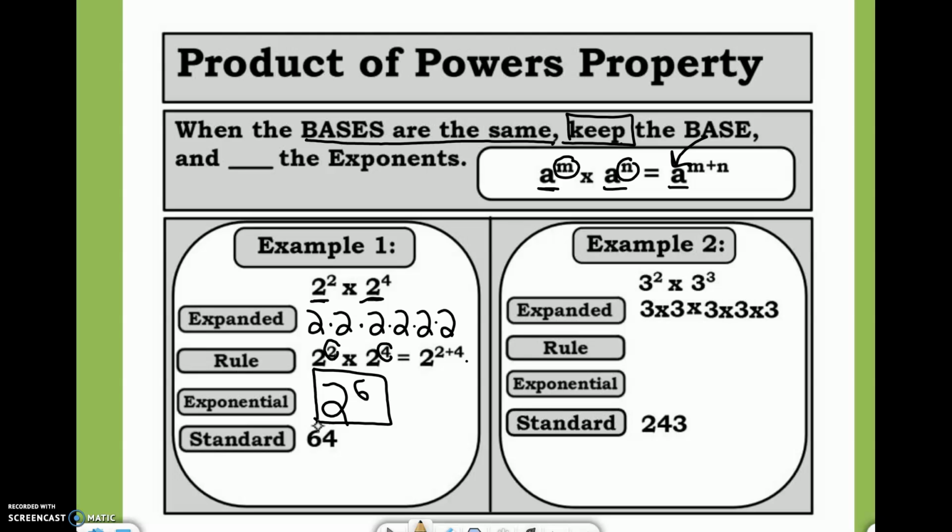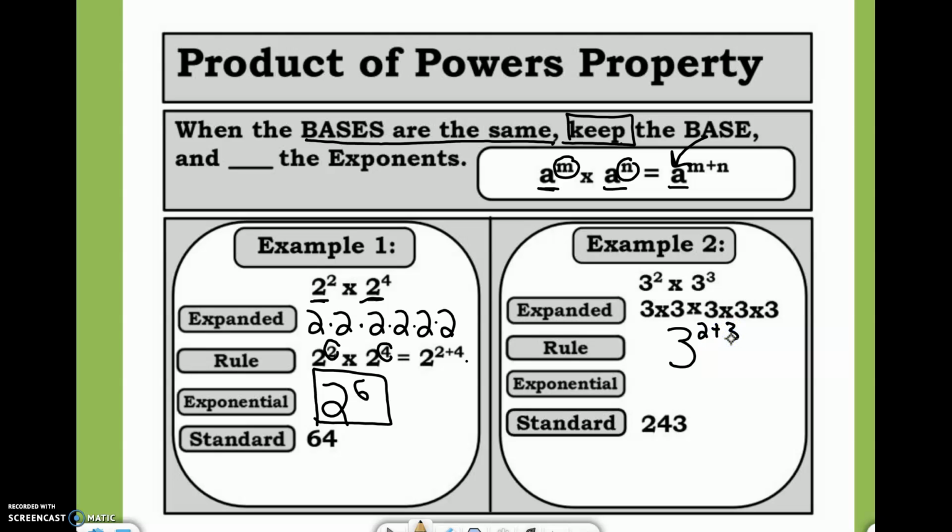All right, if you look at the next problem, we have 3 squared times 3 to the 3rd. You'll notice the base is 3, right? So we expanded it out. You could count up all the 3's, or you can use the rule. Again, the rule states that you keep the base and you add the exponents.